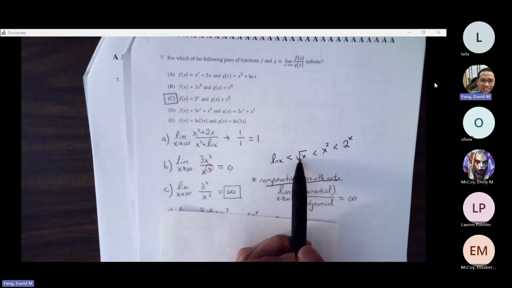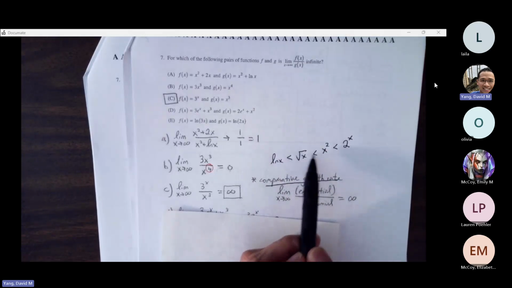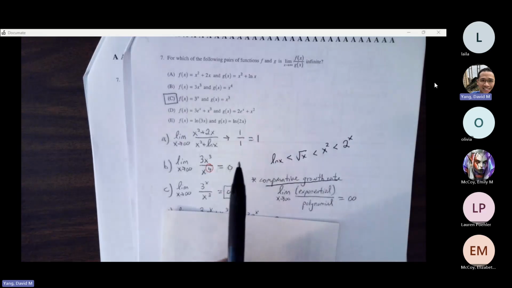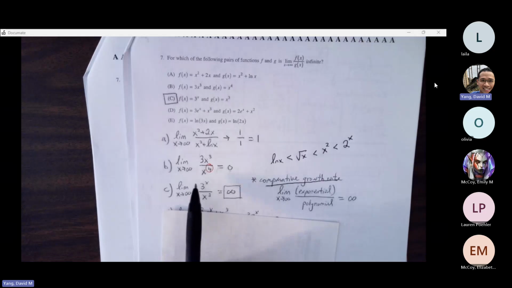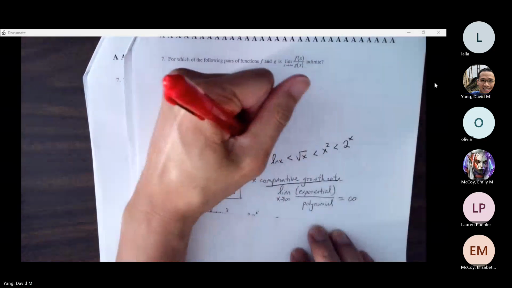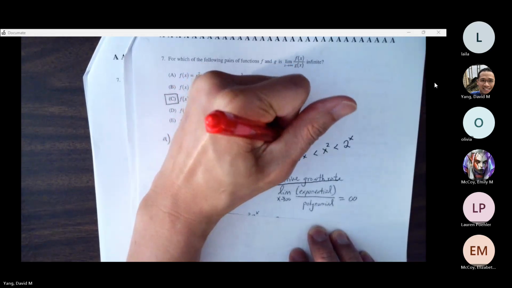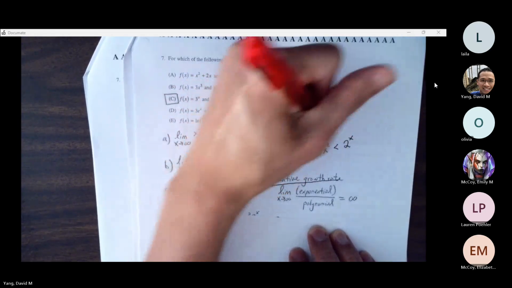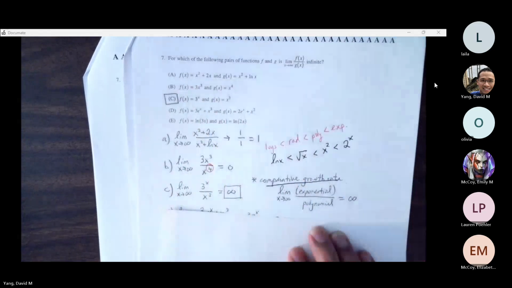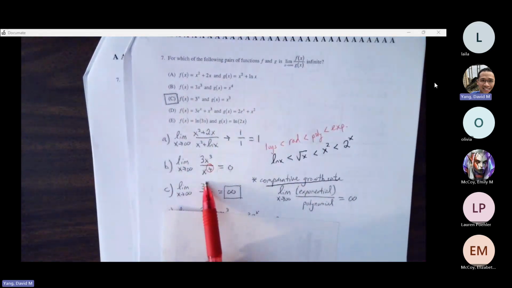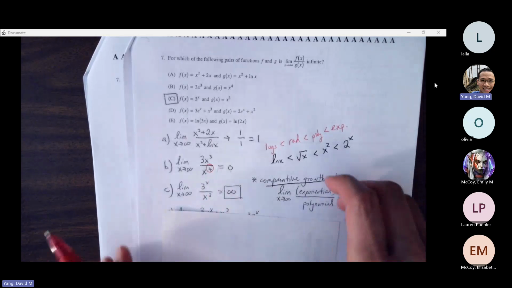So if we have one type over the other, going to infinity, it's either going to be 0 or infinity, depending on which side is growing at a faster rate. In this case, my exponential is growing at a faster rate than my polynomial. And so therefore, if my numerator is the one that's growing faster, then that will push my limit out to infinity.